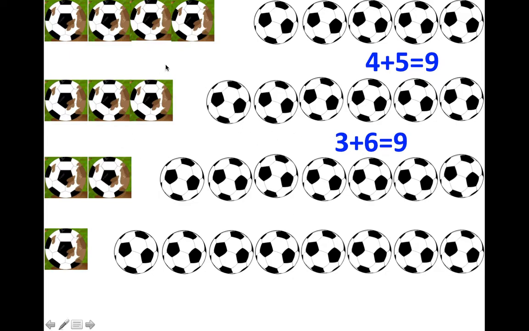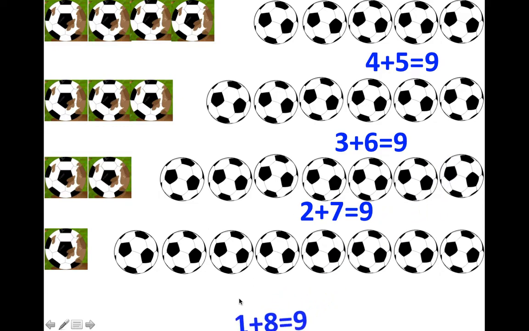As you can see in the picture, on this side the number of dirty or muddy soccer balls is going down, and more children are cleaning their soccer ball, which means the number on the right side is going up. So the way it goes is 2 muddy soccer balls plus 7 clean soccer balls equals 9 soccer balls altogether.